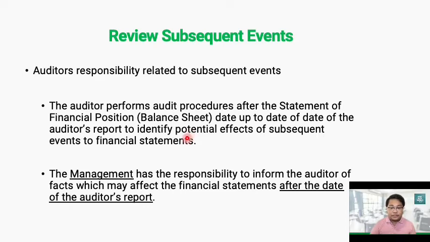Now, after the auditor's report date, the auditor has no responsibility anymore to perform procedures related to events after the date of the auditor's report. But the management has the responsibility to inform the auditor of any facts which may affect the financial statements after the date of our auditor's report.